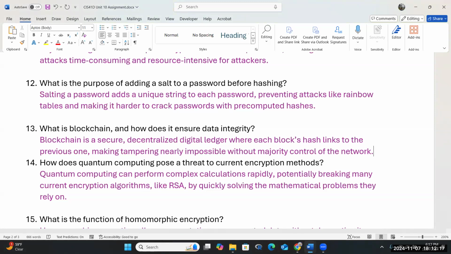Like RSA, which uses prime numbers for quickly solving mathematical problems. Ultimately any form of a computer is a calculator, right? And the same thing for a quantum system, it's just a very complex calculator that performs well. So if we're able to have access to quantum computing, we can have results for calculations quickly.